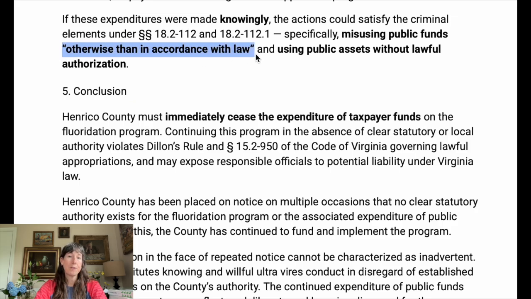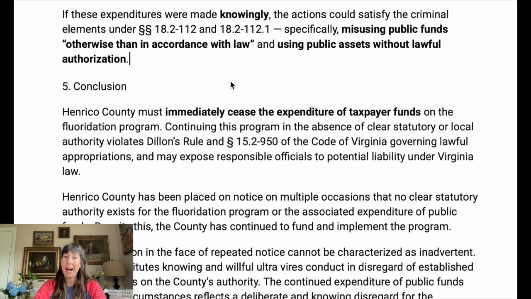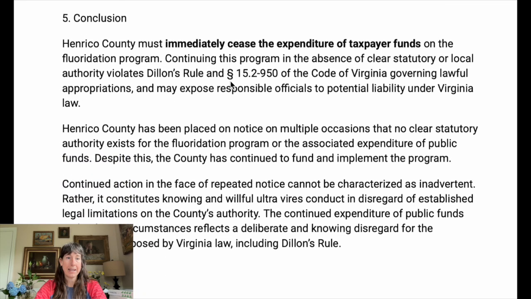So they will have to point to a law that authorizes them to spend our money on chemical drugs that go into the drinking water and using public assets without lawful authorization. And it can't be arbitrary and capricious. I would say when you don't have any records for the purpose, justification, or safety, that constitutes arbitrary and capricious.